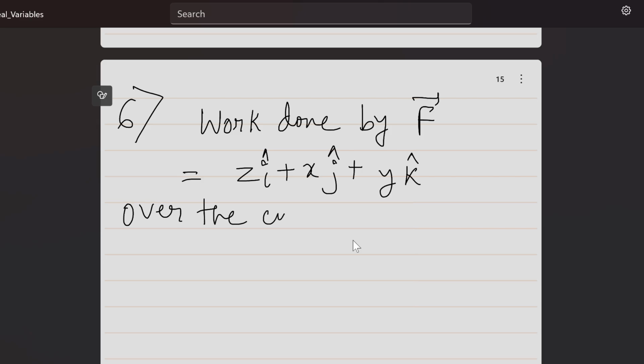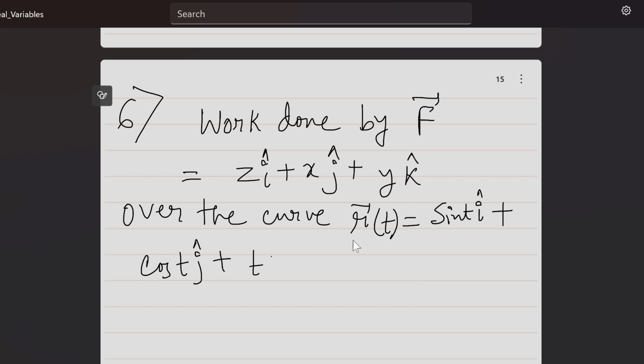The curve is a vector whose parameter is t, so it is sin t i plus cos t j plus t k. Here t varies from 0 to 2 pi. So that means a circular type of curve.